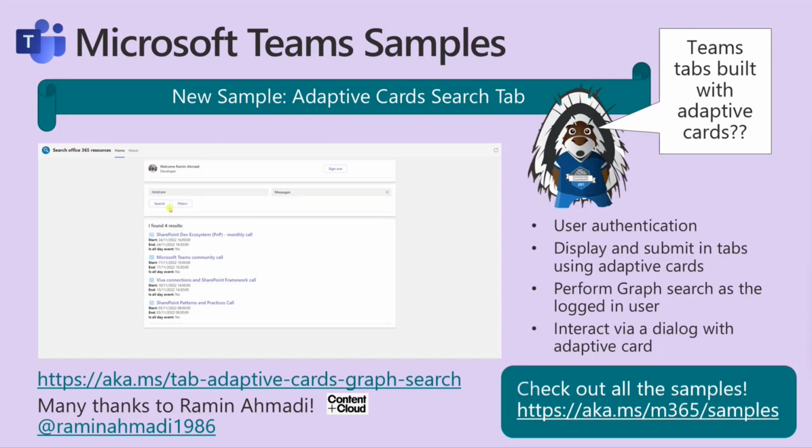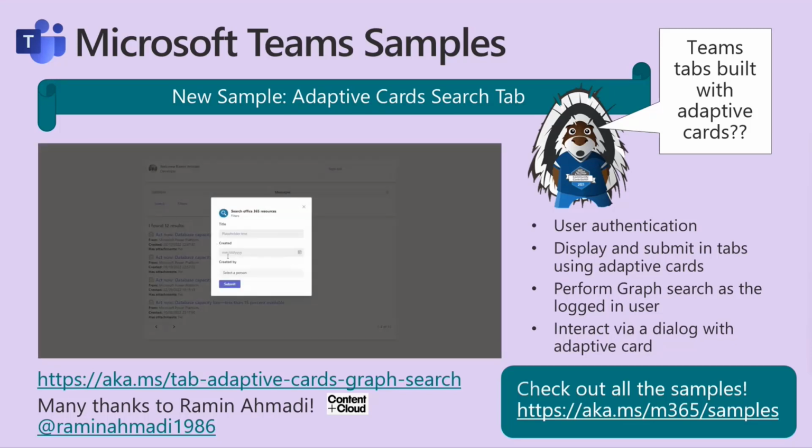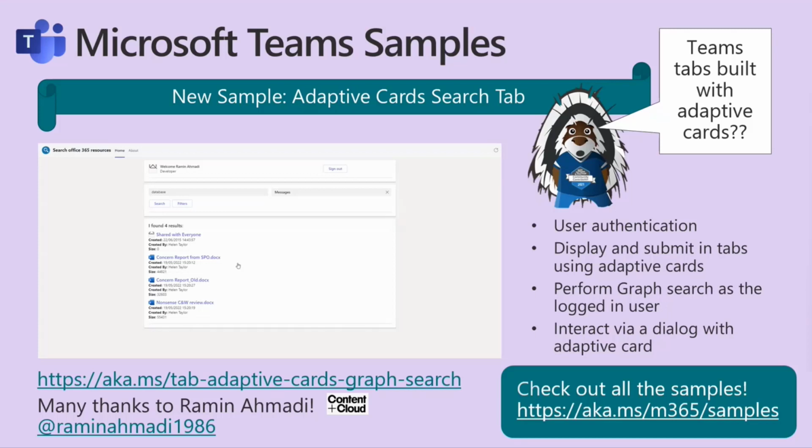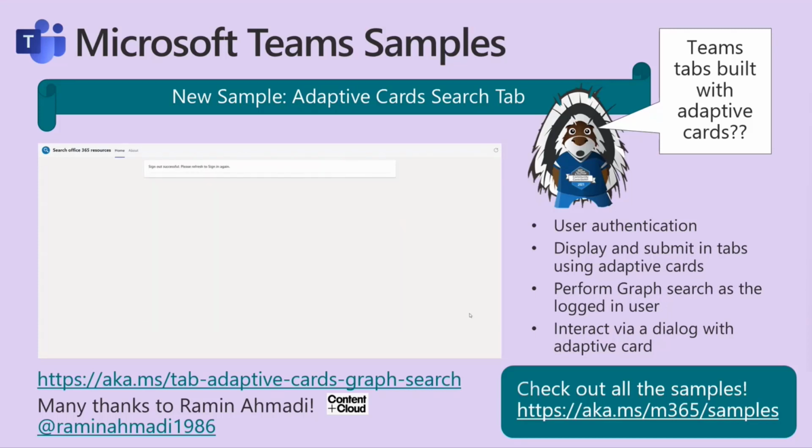Well, it turns out that Ramin Ahmadi from Content and Cloud has submitted an awesome sample, which is now in the repo, which actually shows you how to build tabs using adaptive cards. This could be really handy in a number of scenarios where you want to reuse the adaptive cards, maybe you want to have a bot because the adaptive cards get served up by a bot.